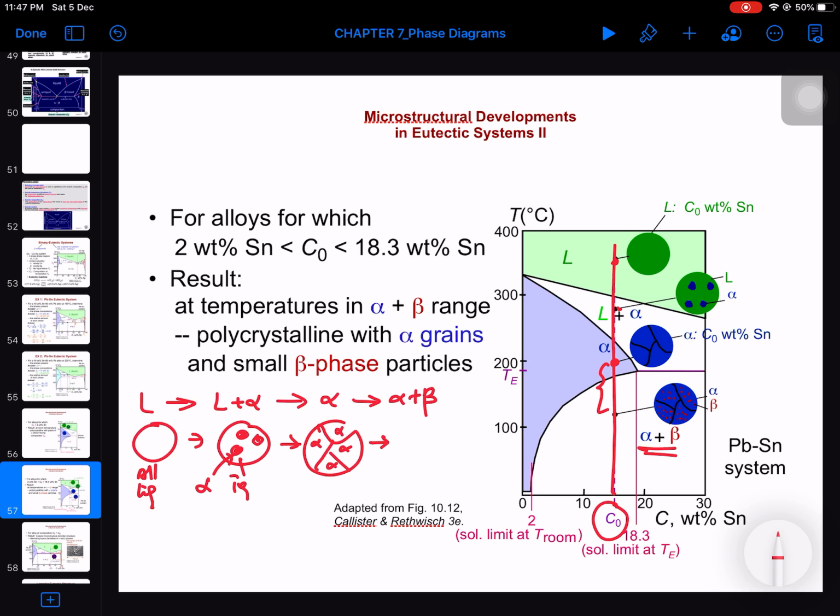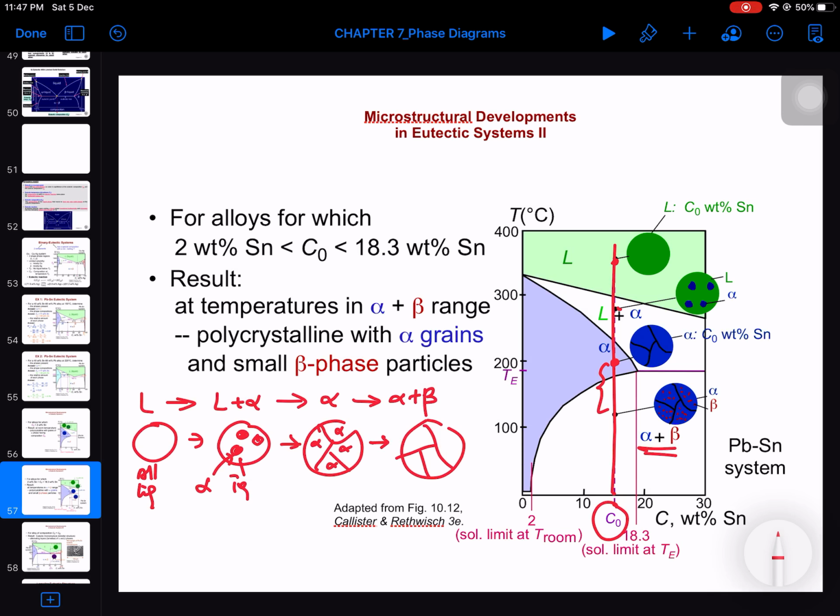When the temperature decreases more towards room temperature, all of this alpha will rearrange themselves. That means the solute atoms within the solvent will rearrange themselves, and there will be some precipitation of beta.